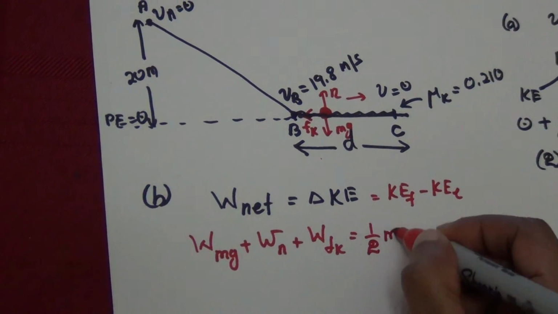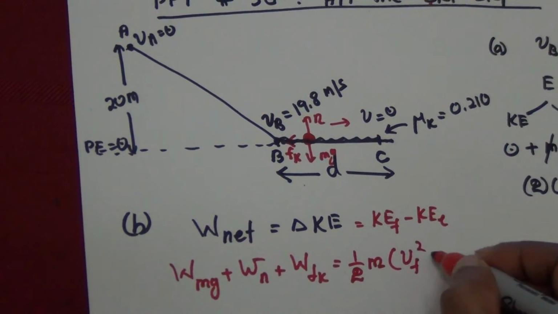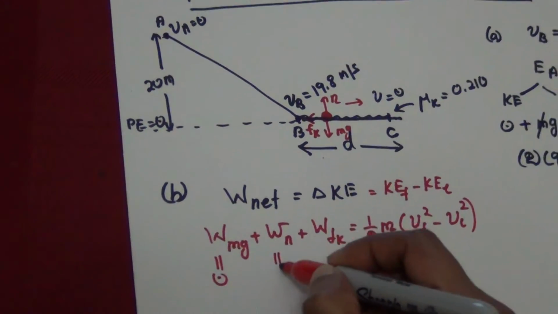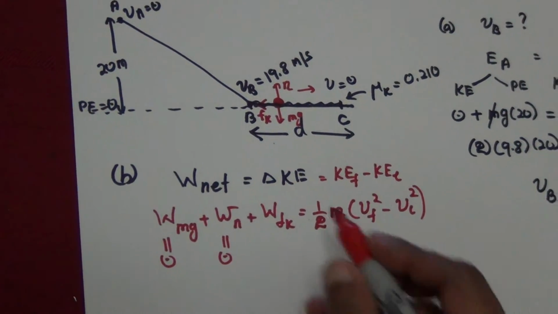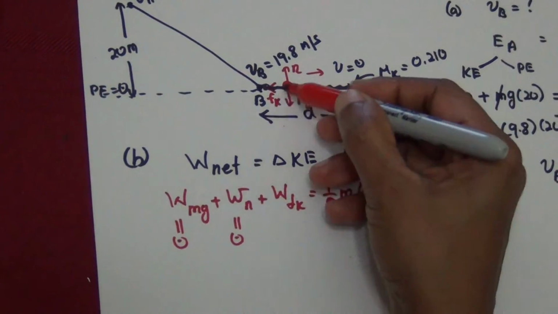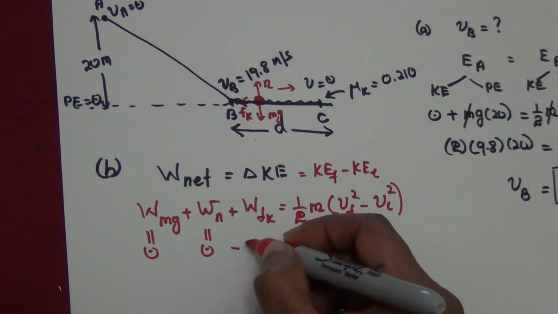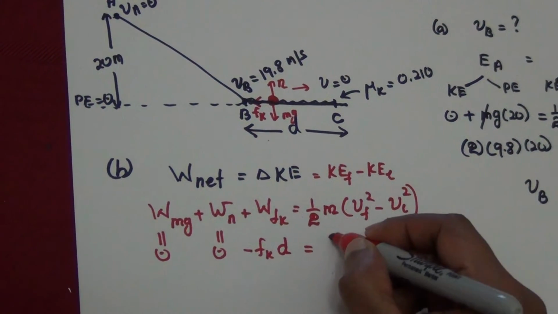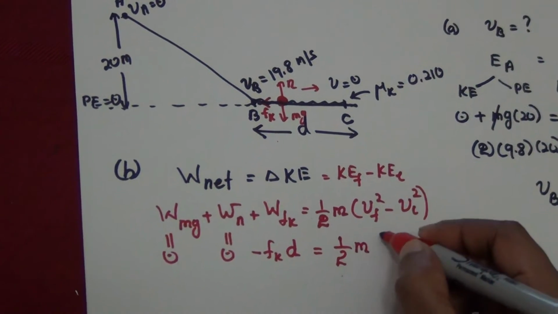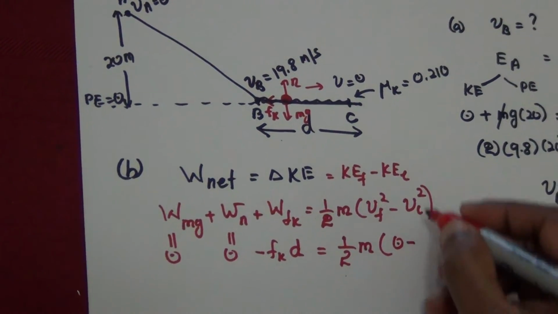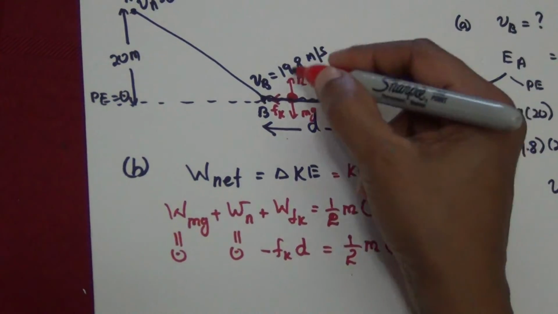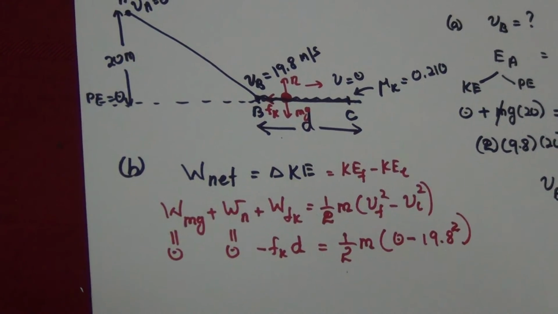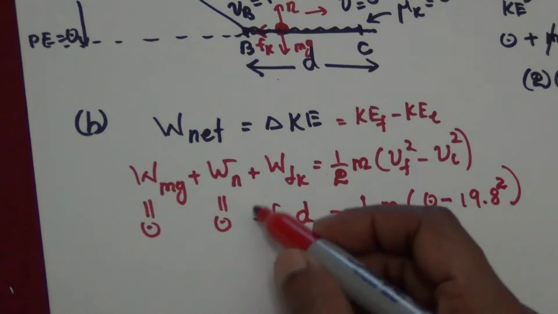So I can write half m v final squared minus v initial squared. So we know these are zeros. So we have only Fk, which is a negative work done because the force and the displacement are opposite. So Fk d equals 1/2 m, so the V final is 0 minus V initial is 19.8 squared, right?